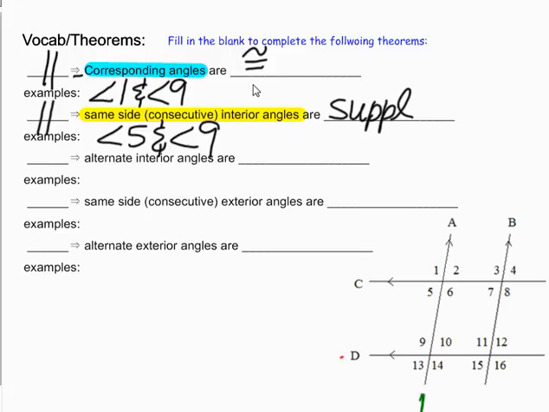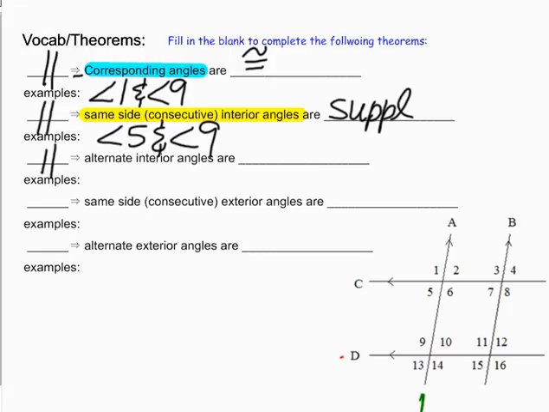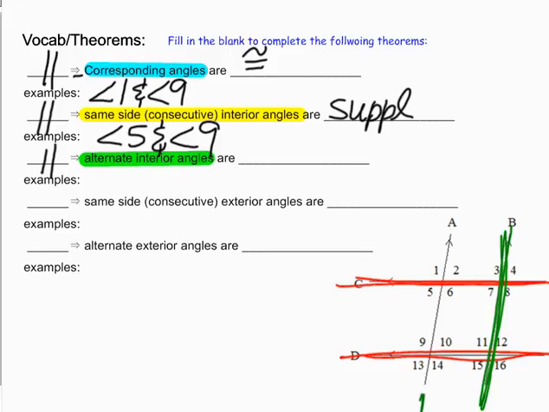Okay, next, we have, if lines are parallel, then alternate interior angles are congruent. Our parallel lines are here. This time I'm going to use this transversal just to change it up a little bit.